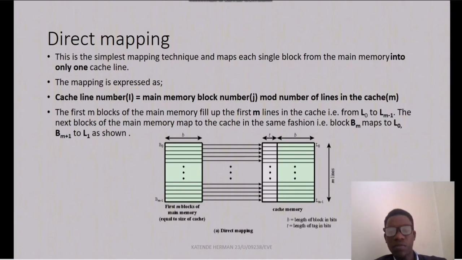That is, if you have block Bm, it maps to L0, and then Bm+1 maps to L1, and then Bm+2 maps to L2, as shown in the diagram. This maps to this. When you reach this point, the next block would map to the first line, and so on and so on.